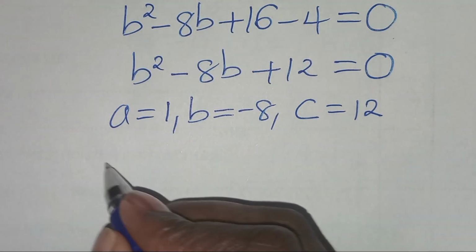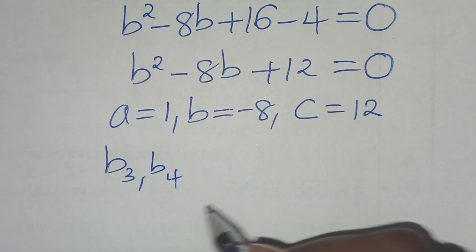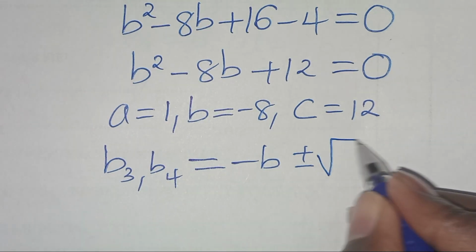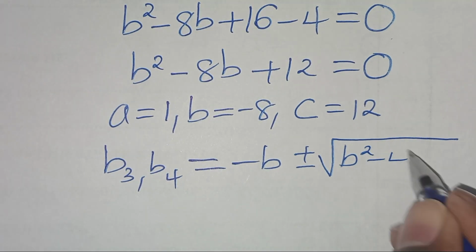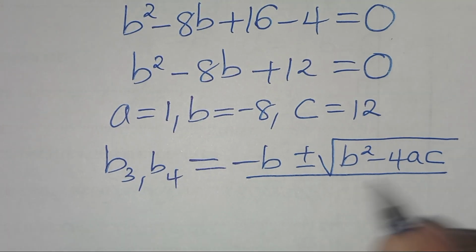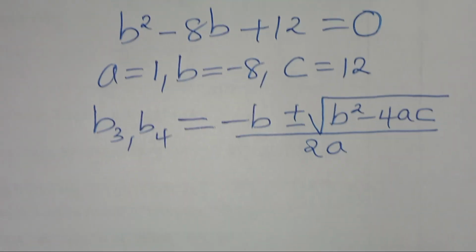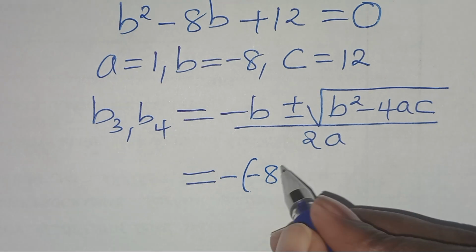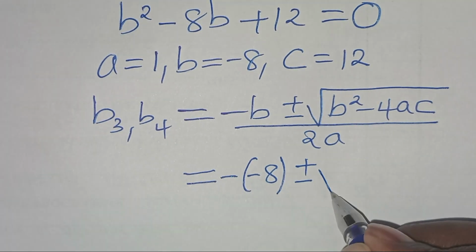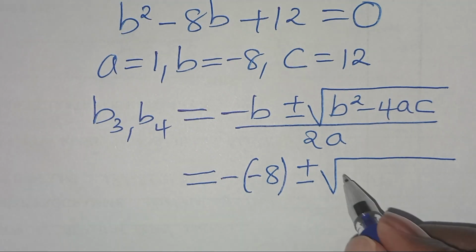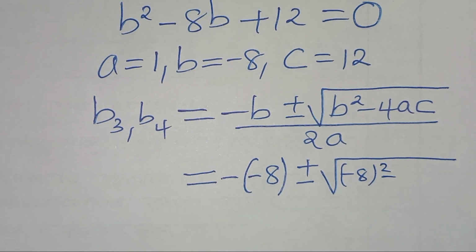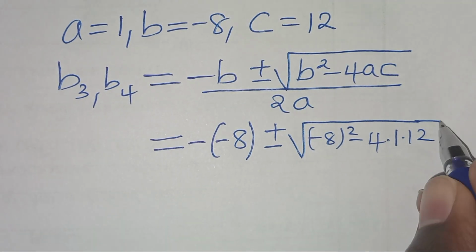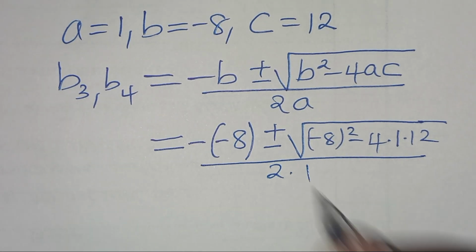Applying the quadratic formula, we'll have b3, b4, which is -b plus or minus the square root of b^2 - 4ac, all divided by 2a. So substituting the values of a, b, and c, we'll have -(-8) plus or minus the square root of (-8)^2 - 4 times 1 times 12, all divided by 2 times 1.